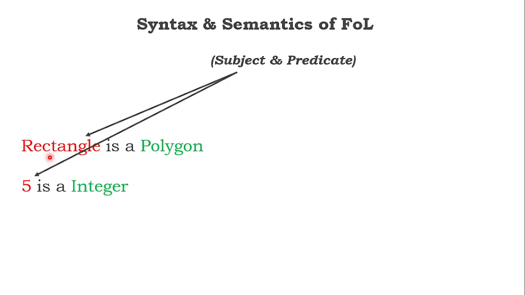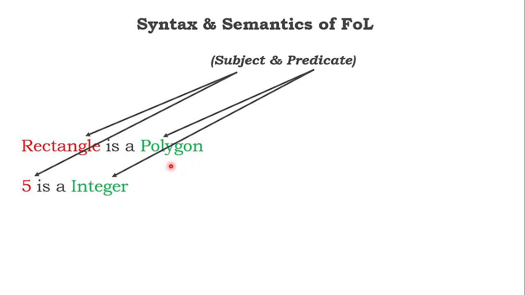Who is rectangle? Sir, it is a polygon. A polygon is a multi-sided geometry. Who is 5? Sir, 5 is an integer. It is called the predicate. So for any statement, you should know who is the subject and who is the predicate. Now, what is the syntax?